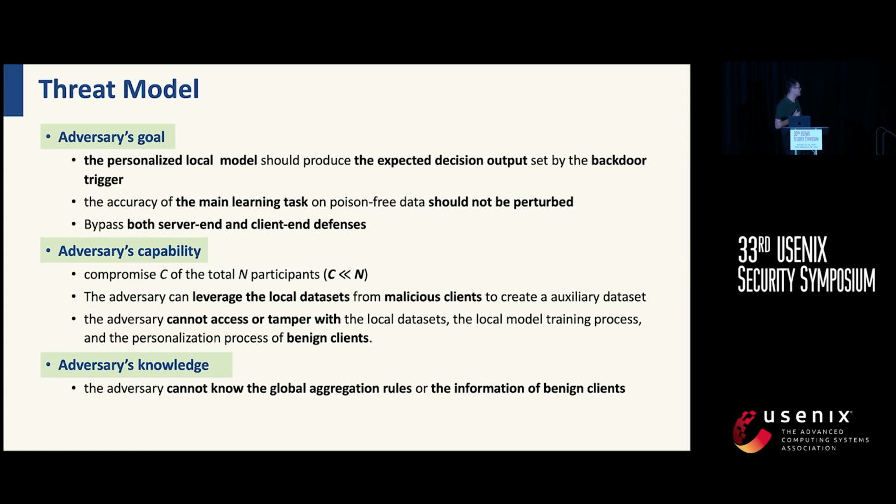However, it cannot tamper with the local datasets of the benign clients. Finally, the adversary cannot know the global aggregation rule and the information of benign clients. This is a very practical assumption: if we can design an attack when the adversary does not know the global aggregation rule, then the attack can certainly succeed if the rule is published.